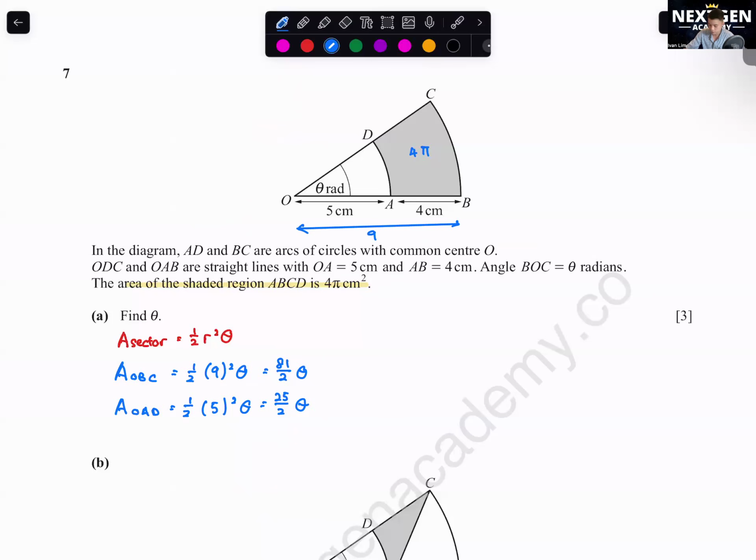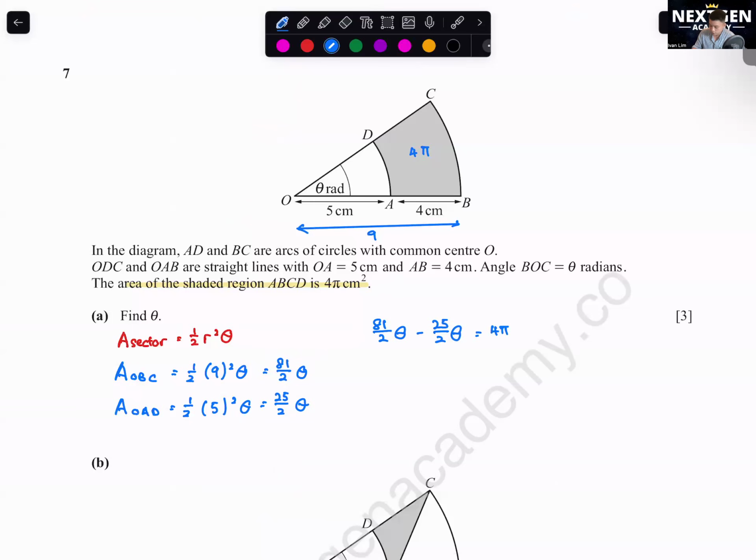Okay, are you here? So we'll take the big one minus the small one to find the shaded area. So we take 81 over 2 theta minus 25 over 2 theta equals 4 pi.